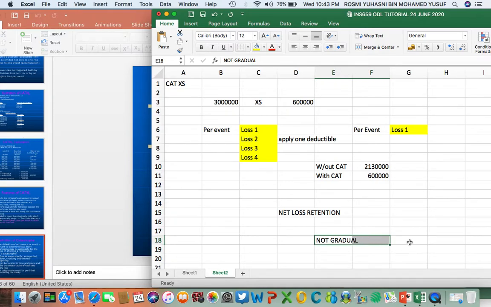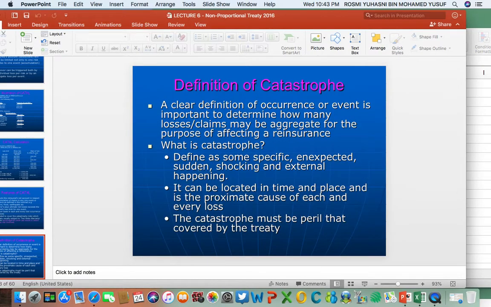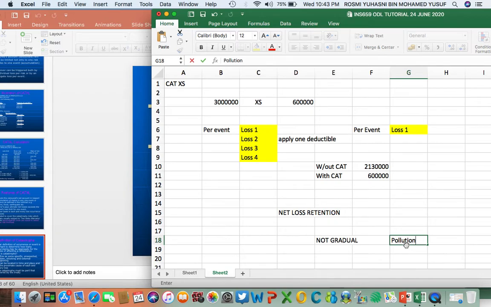If you look at things or events like pollution, it might also result in loss. Okay, it can be many types of pollution, but if you look at the nature of pollution as an event, it doesn't happen suddenly. Sudden in bahasa Melayu is tiba-tiba. It doesn't happen suddenly because pollution happens gradually, phase by phase.